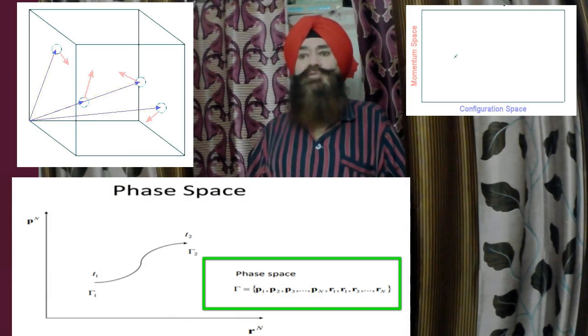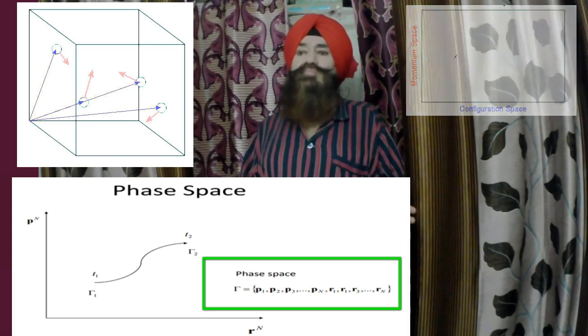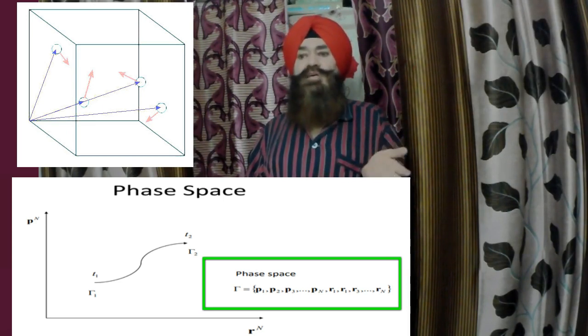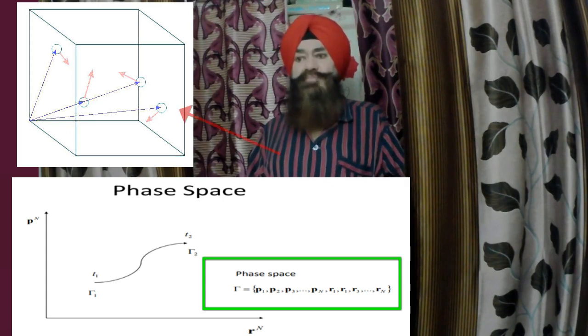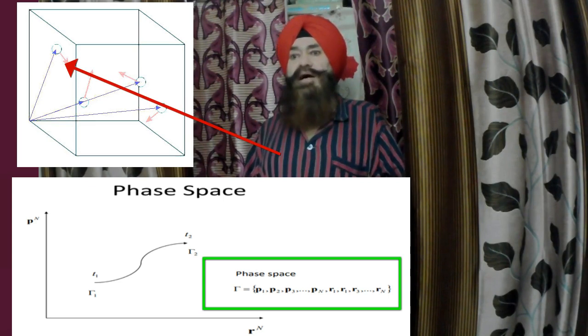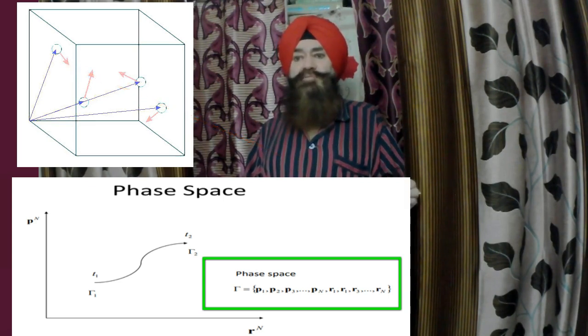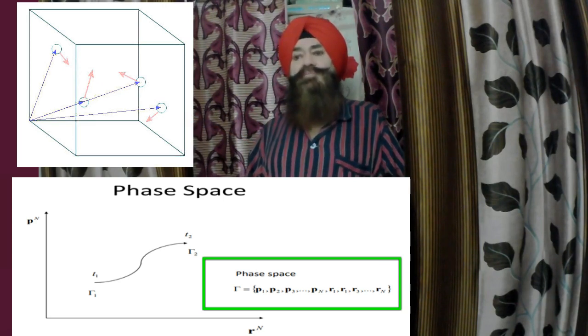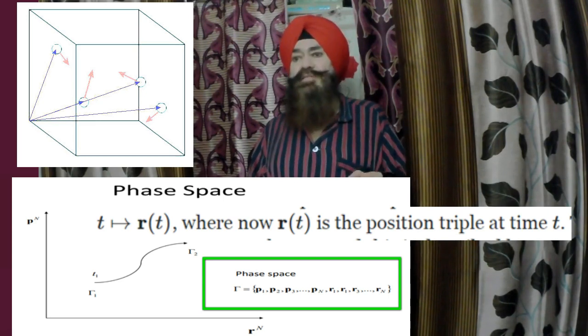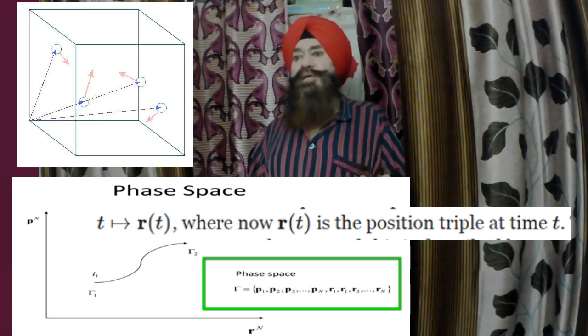Now it turns out that as time passes, the position varies in time, and this can be described by an association with t. At any time t, r becomes a function of t, that is, r(t) is the position triple at time t.